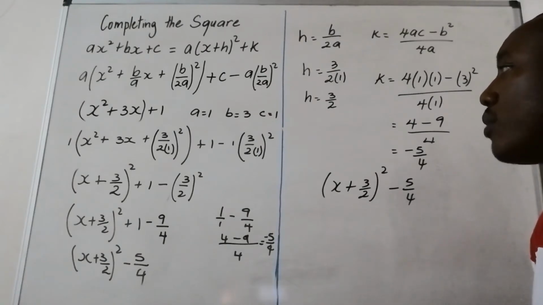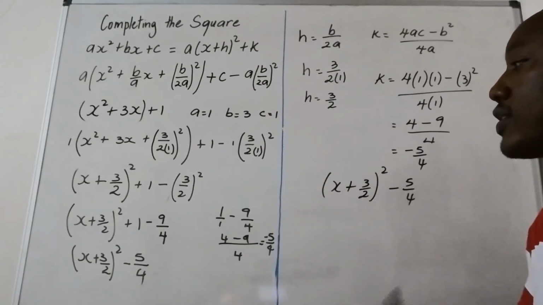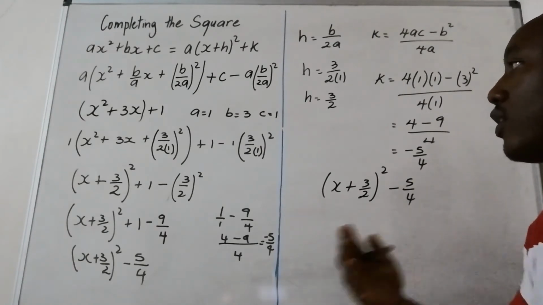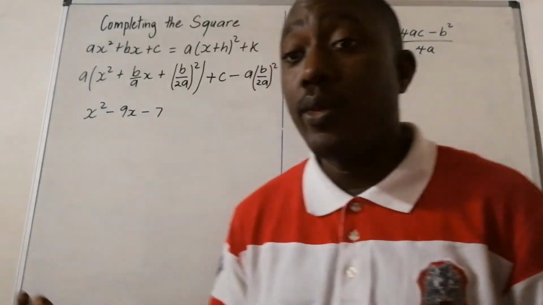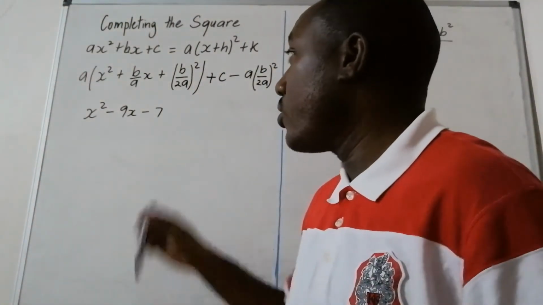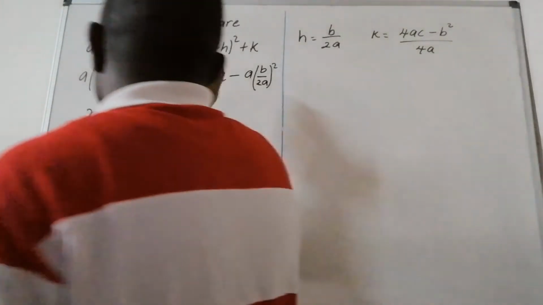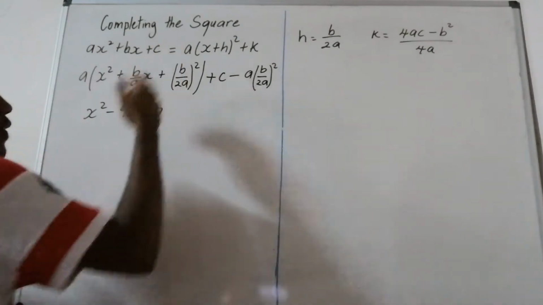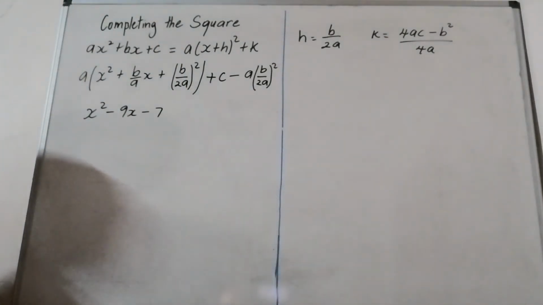So let's do some more examples using both methods to see that we will get the same answer no matter which method we use. All right, here we have a next example where we want to write our quadratic expression in the completed square format, which is a times x plus h all squared plus k.